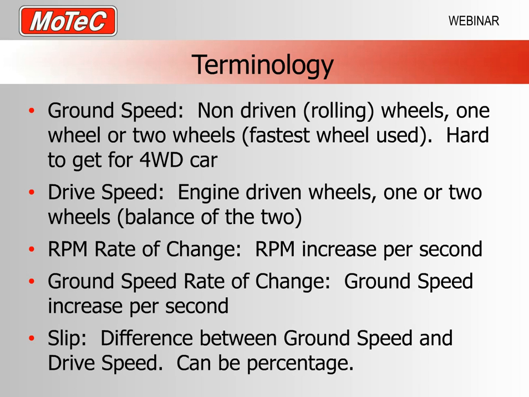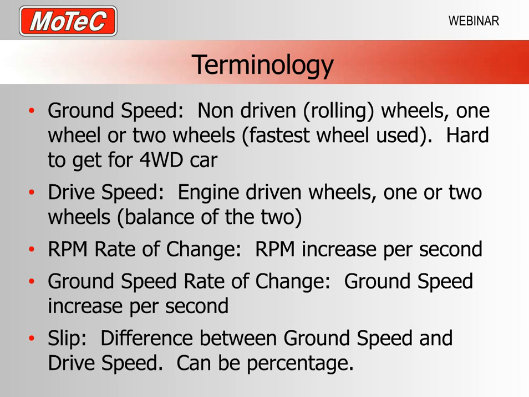On a two-wheel drive car it's the non-driven wheels. Drive speed, as people might suspect, is the wheel speed that the engine is actually driving. So again, we can measure either one wheel or two wheels. Now if we measure two wheels, say on a rear-wheel drive car, the ECU calculates a balance of the two.